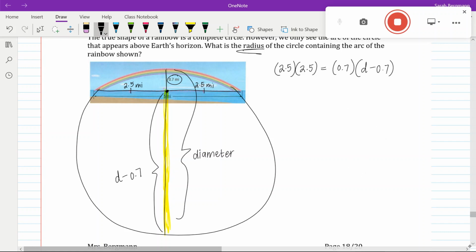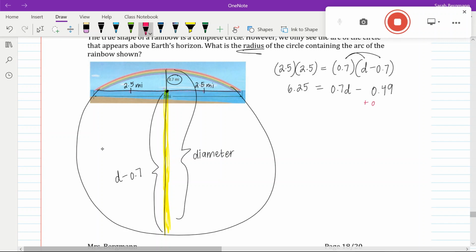2.5 times 2.5 is equal to 6.25. On the right side, we have to distribute. 0.7 times d is 0.7d. 0.7 times 0.7, in other words 0.7 squared, is equal to 0.49. Now we can solve this for d, the diameter.